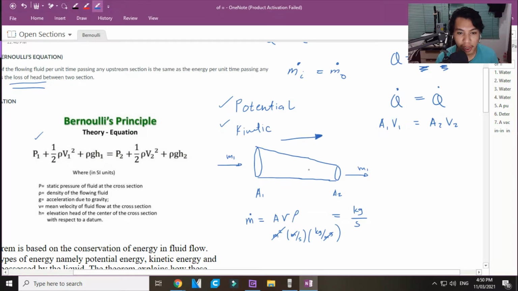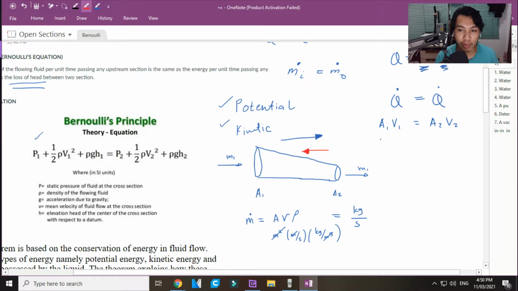Ibig sabihin, this is a converging nozzle. It converges into a tip or into an exit area. Now, kapag pabaliktad naman yung iyong flow, ang tawag dyan, that is a diverging. Kumbaga sa traffic, papaluwag yung traffic mo. Kumbaga dito naman, pag converging, your traffic will join into one small section.